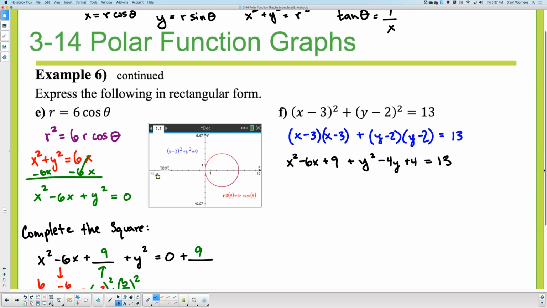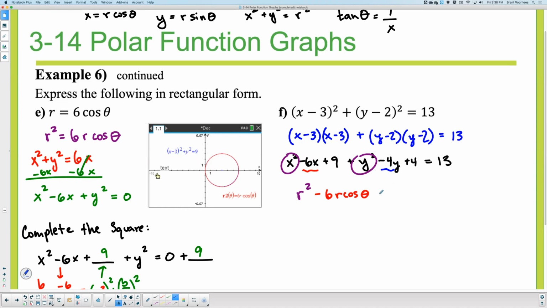Now I'll substitute. We know x squared and y squared together can become r squared. And then negative 6x right here becomes minus 6r cos theta.